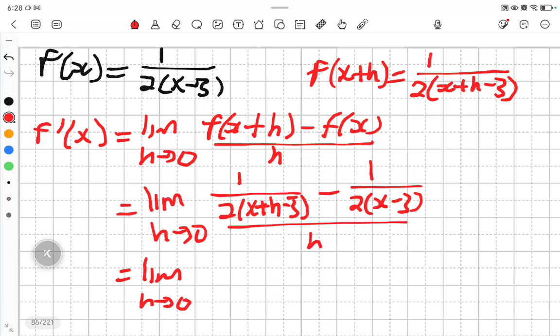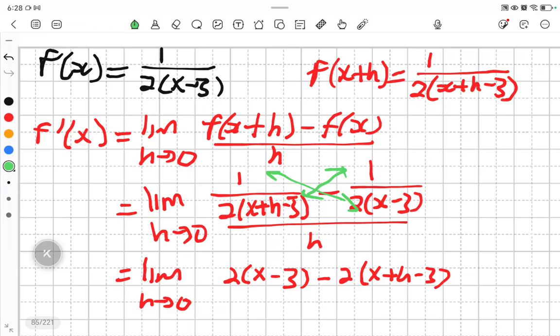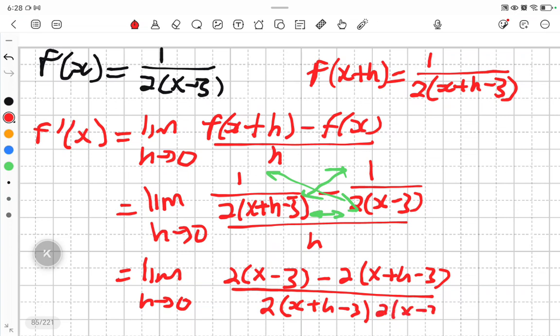The best way to go about this is if we start by cross multiplying this. That will be 2x minus 3 minus 2x plus h minus 3, then I multiply this, then this will be all over 2x plus h minus 3 times 2x minus 3.